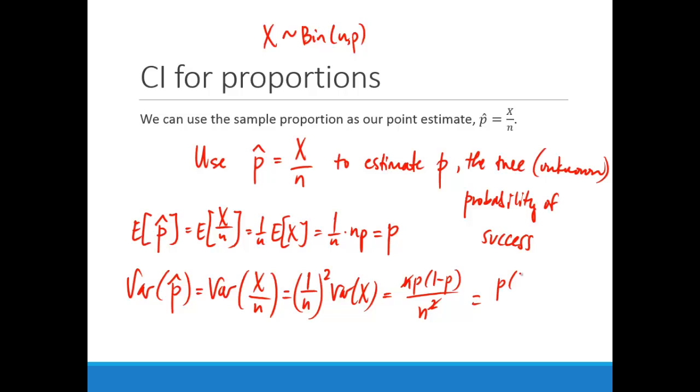So the variance is p times 1 minus p over n. So the standard deviation of our estimate is just the square root of that, the square root of p times 1 minus p over n. Okay, so that's kind of going through our usual calculations with figuring out things about our estimator here. We see that it's unbiased, and we can figure out what its standard deviation is.